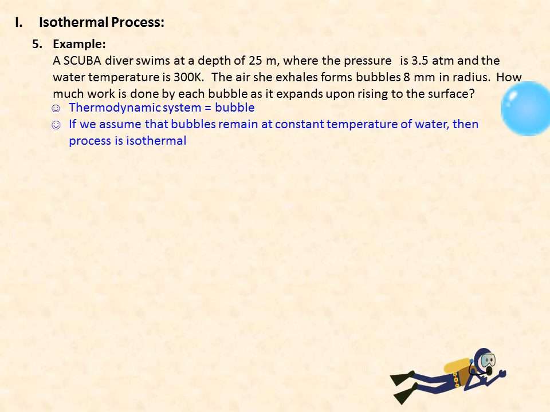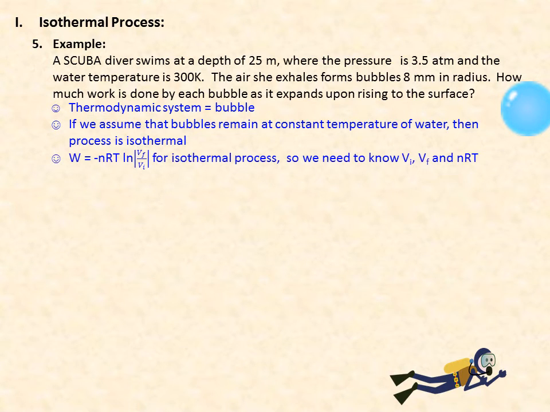So if we assume the bubbles remain at a constant temperature of the water, then we can consider the process to be isothermal, assuming there's not a big temperature change between the bubble going from 25 meters down up to the surface.